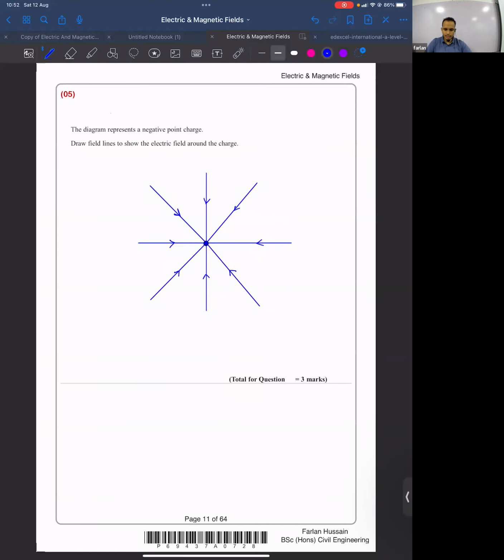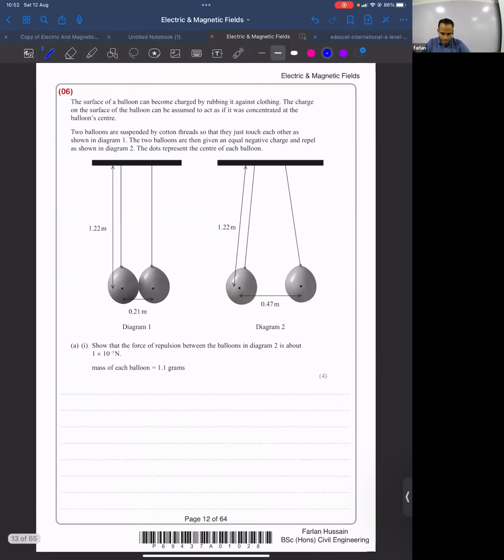So guys, it will be directed towards the negative charge. Done. That's it. Question number 6.